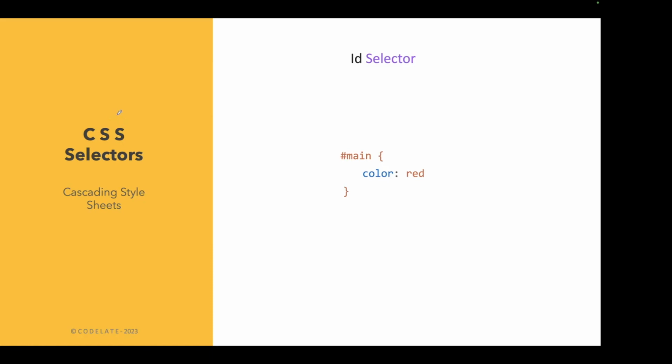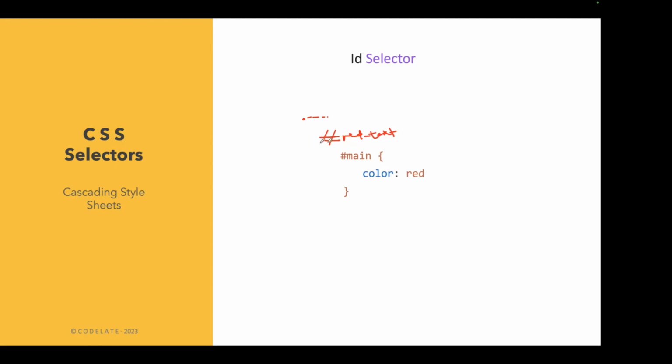Okay? And how do you write an ID? For the class type, you remember we were using dot notation, and then we would give the name of the class. For the ID, we will be using the hash notation, and then you give the name of the ID. So let's say we are having an ID name called red text.